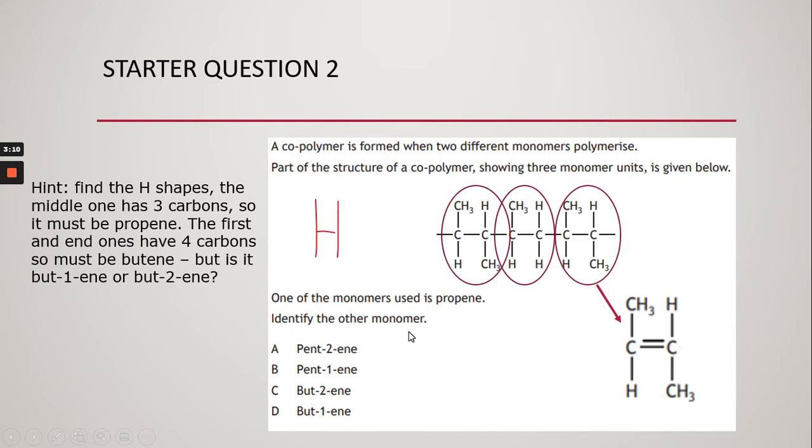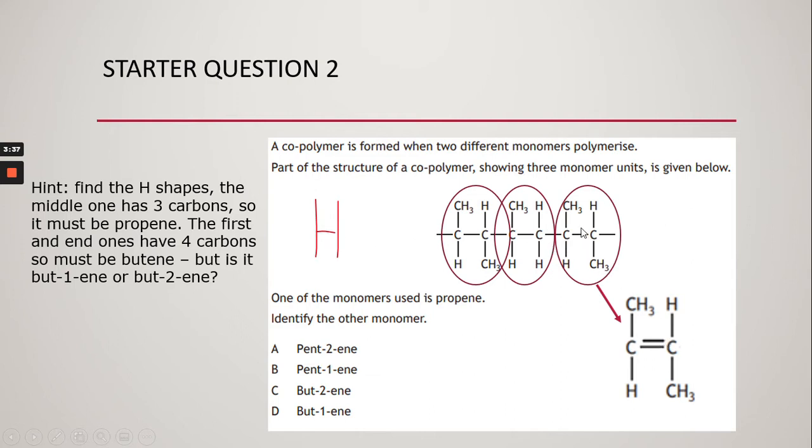But we have to identify the other one. The first one here and the end one here have 1, 2, 3, 4 carbons, so they must be butene. Straight away we can rule out A and we can rule out B, and then we've got to think, is it but-1-ene or but-2-ene? If you've got a polymer chain made up of these H shapes all connected together, the bar, the middle bit of the H, would be where the double bond was.